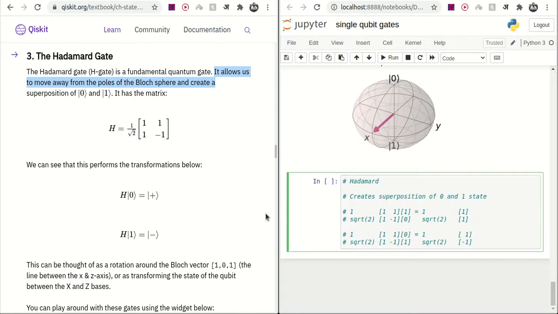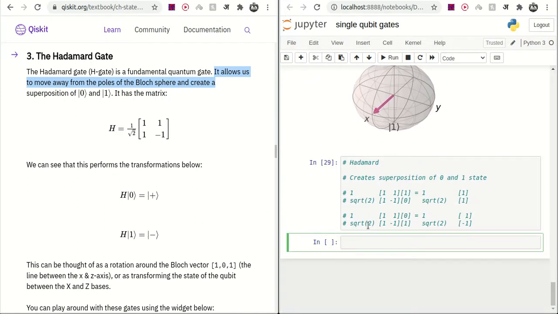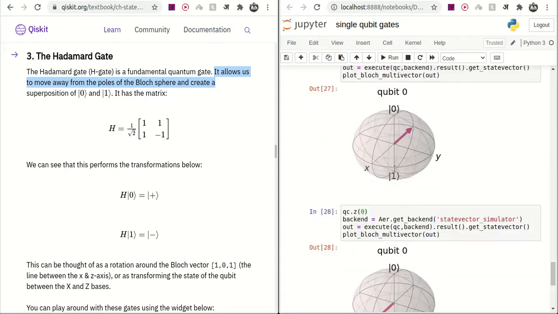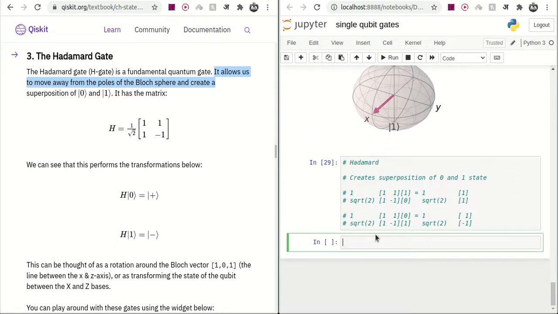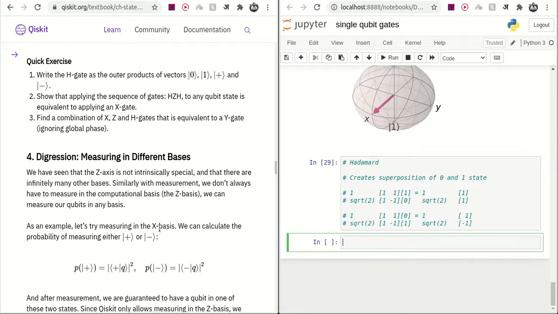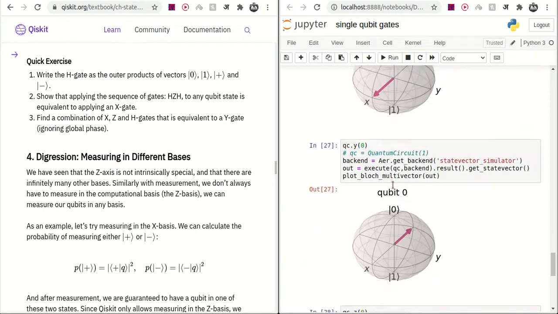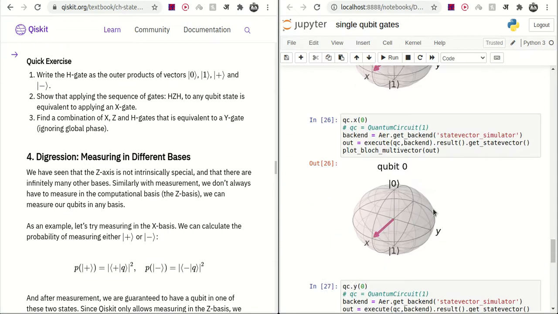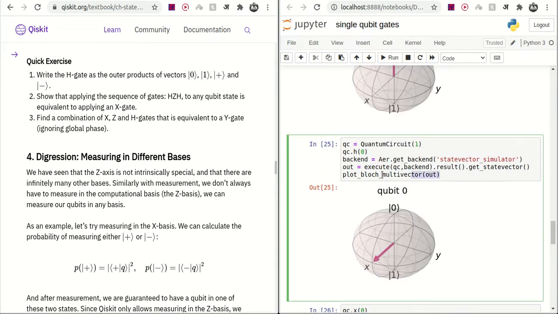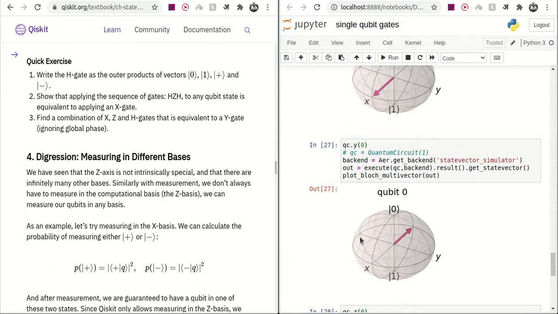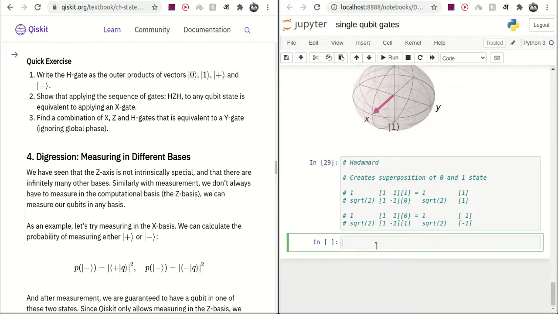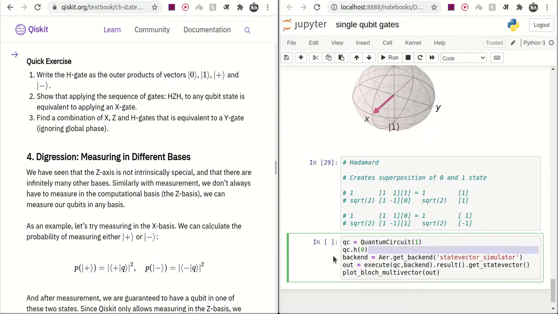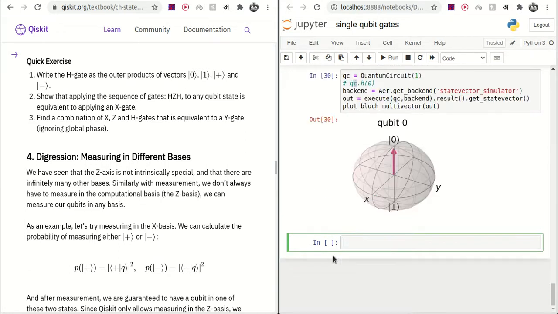You can see that. So let's code it. You have already done this, but here we can do it again. This is what we're getting.